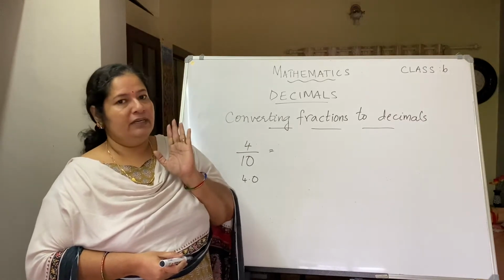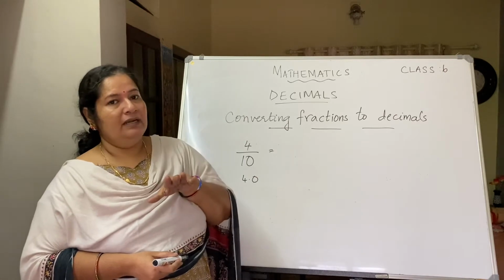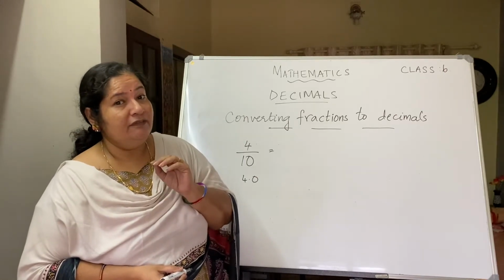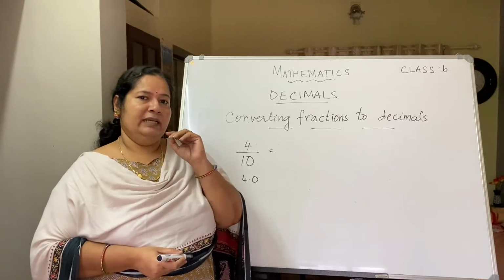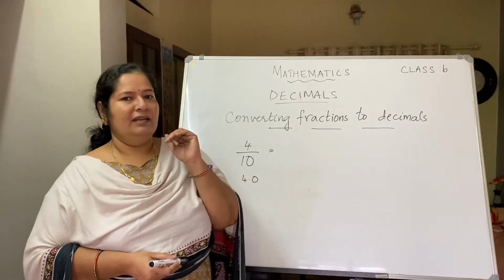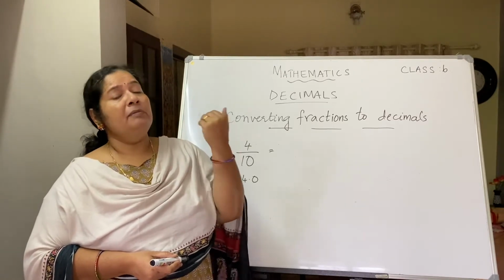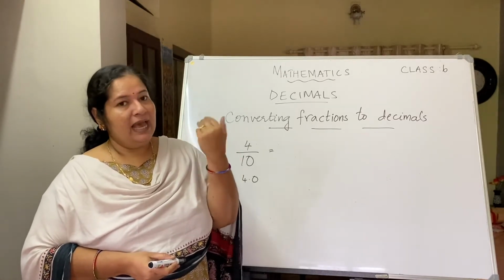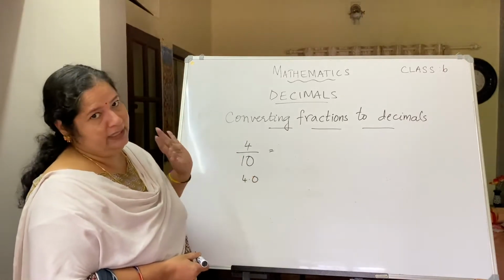I'll make it clear once again. To write a fraction as a decimal, you will shift the decimal point in the numerator, which represents a decimal, towards the left as many places as there are zeros in the denominator.